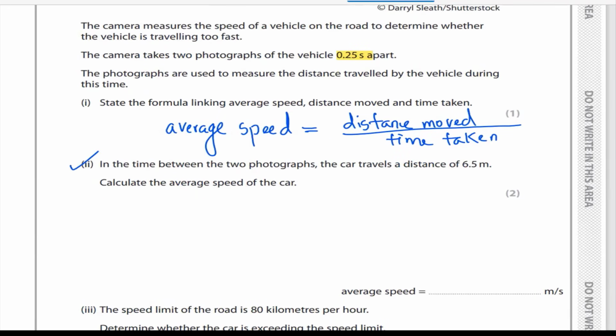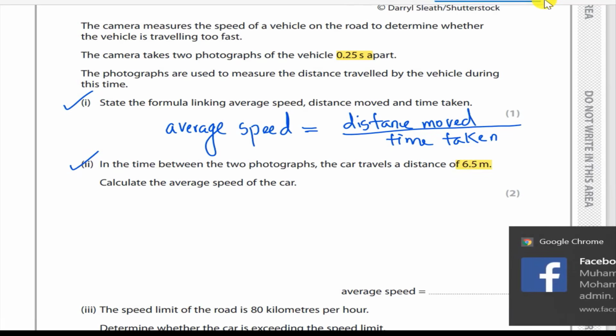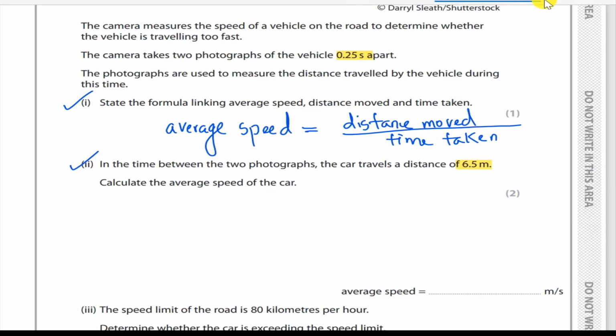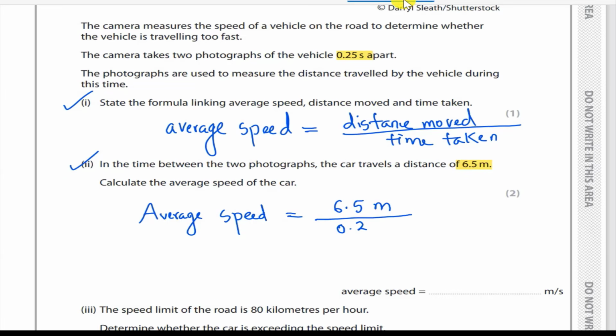In question number 2, in the time between the two photographs, the car travels a distance of 6.5 meters. Calculate the average speed of the car. We know average speed equals distance moved divided by time taken. Here the distance moved is 6.5 meters and the time taken is 0.25 second.